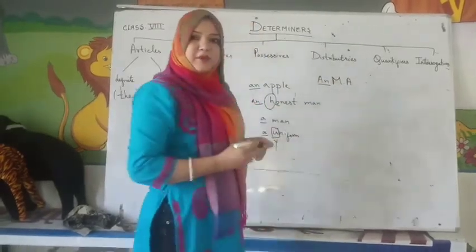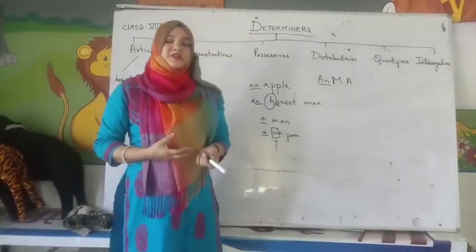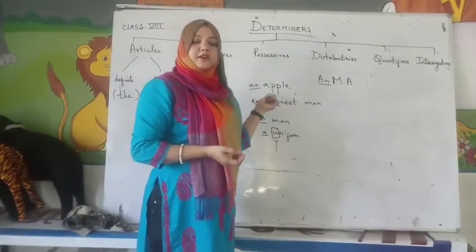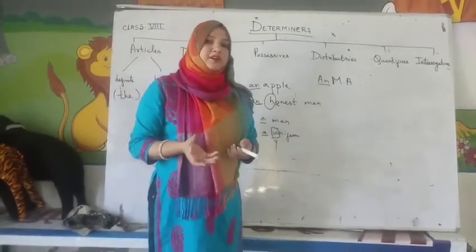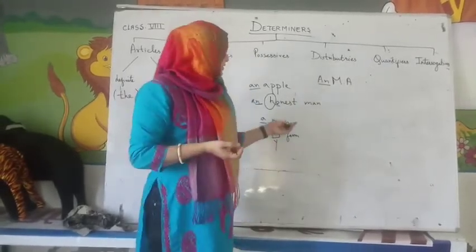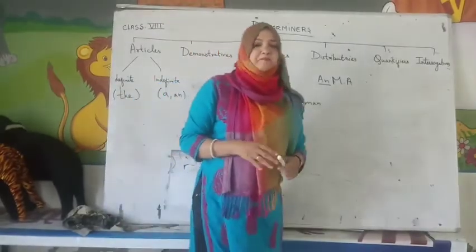It is an MA. Remember that. So if the word starts with a vowel or a vowel sound, it will have an in front of it. If the word starts with a consonant or has a consonant sound, it will have a in front of it. Alright? Is that clear?